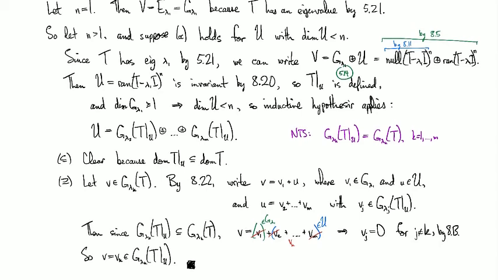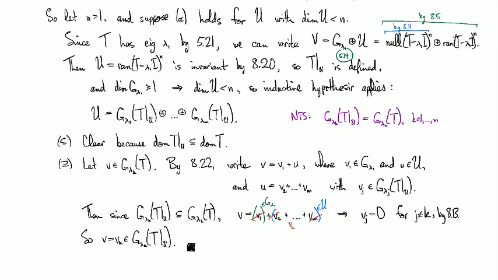Okay, so in other words, let me just explain this last part, because it's a little bit funky. The question we're looking at here is: if w is a generalized eigenvector of T restricted to U, is it also a generalized eigenvector of T?